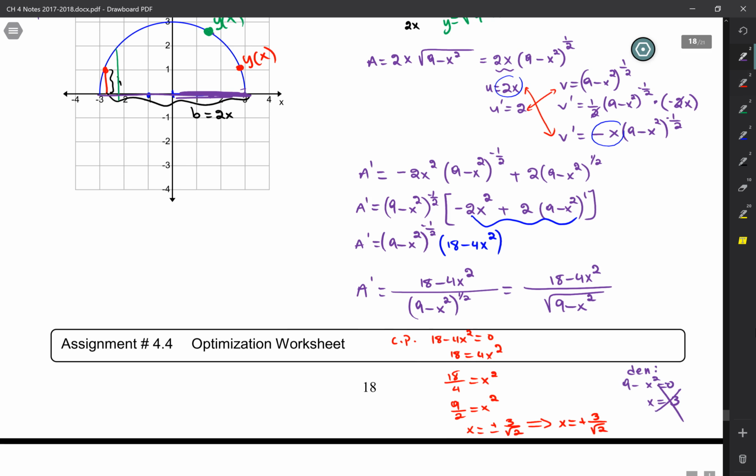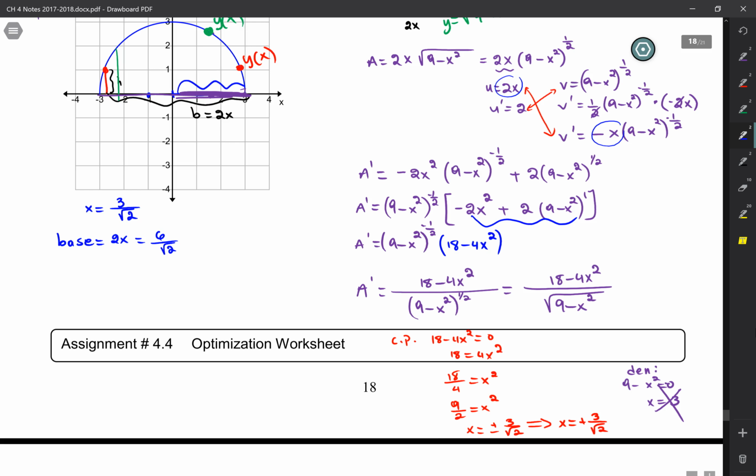So that means since x is equal to 3 over root 2, the base is 2x, so it's 6 over root 2. Remember, x was half of the base.